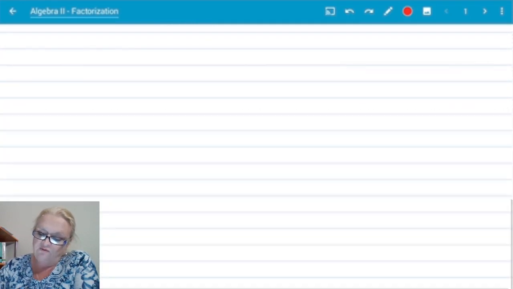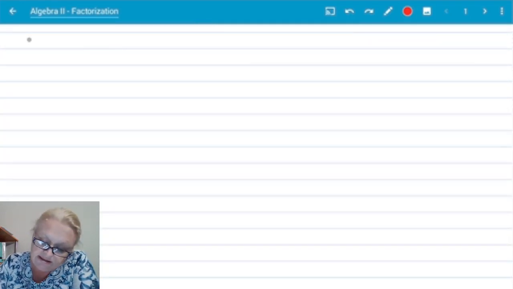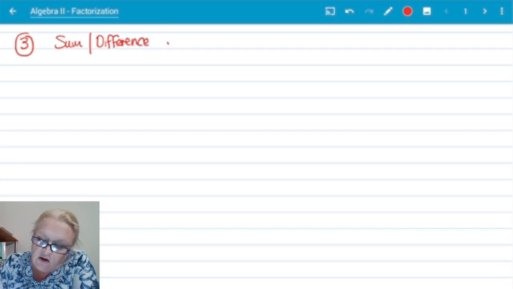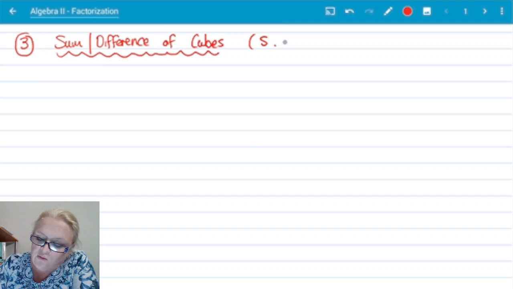The third type of factorizing that we're going to learn about is called a sum or difference of cubes. I refer to these ones as SOP sums.